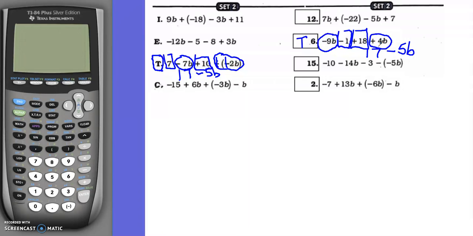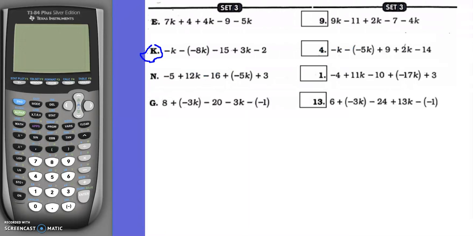Okay, let's go to set 3. On set 3, we're going to do letter K. On letter K, we're going to add the opposite. Combining all the K's, you have a negative K and an 8K. Remember, that's a negative 1, so that makes 7K.